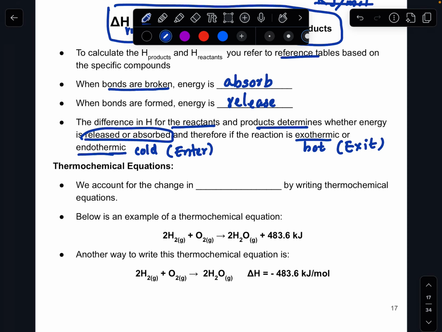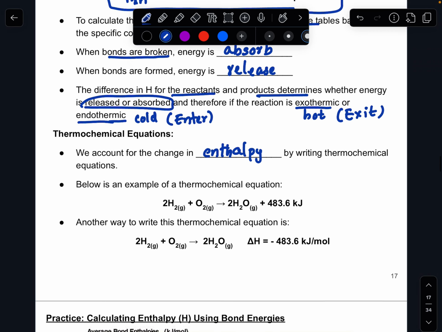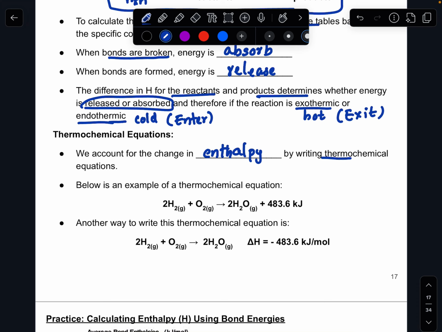Okay, so we can account for the change in enthalpy by writing equations. Writing an equation which includes heat is called a thermochemical equation.